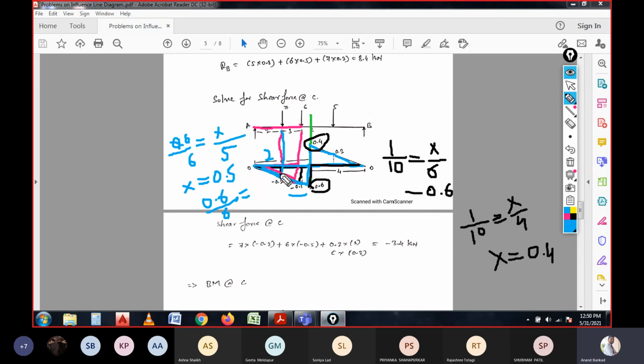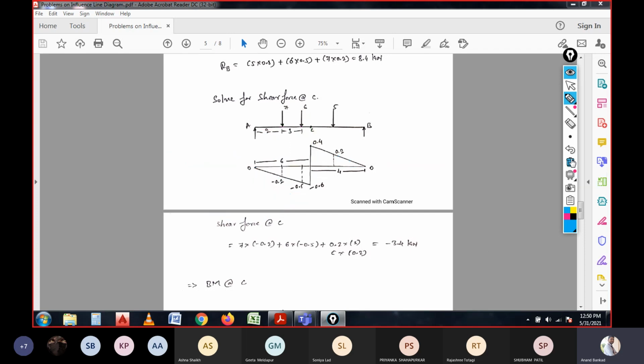So in this 2 meter span, the height needs to be calculated. The height is unknown, the span is 2 meter at this triangle. If you calculate this equation, then x will be 0.2, and it is written with a negative sign because it is taken in the downside. So this is how we have to calculate the coefficients.